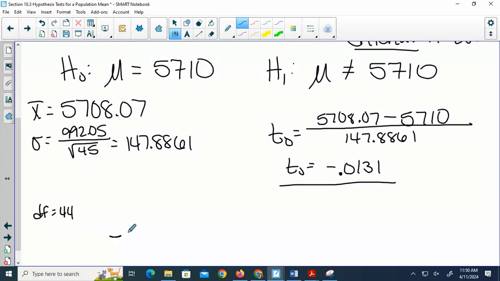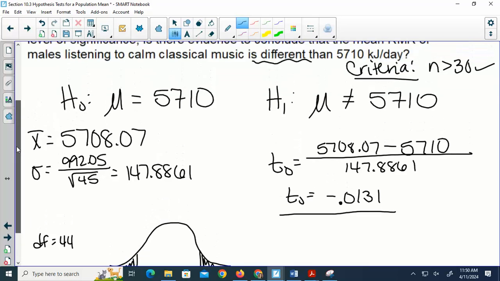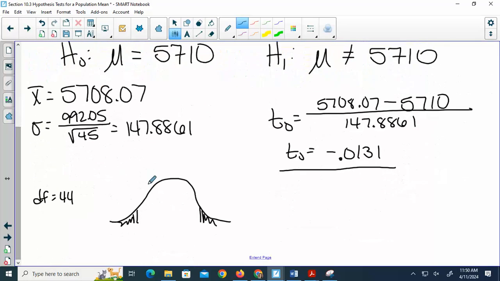We're testing not equal, so that means we have two tails. So we have two t's here. What was our alpha level? 0.05, so we split that in half and we get 0.025.